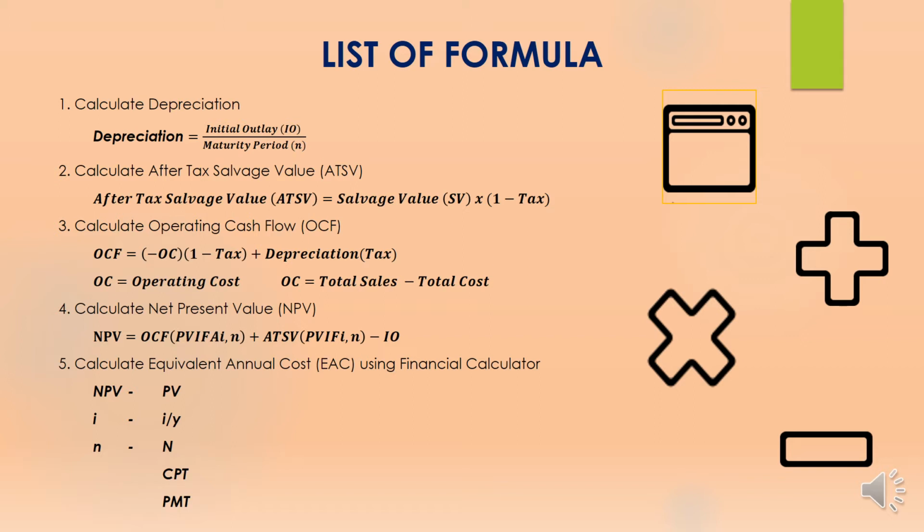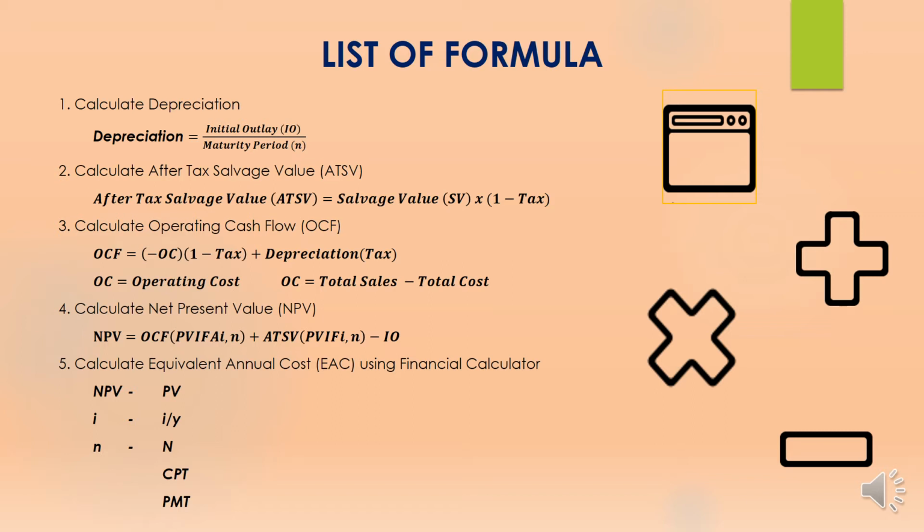In the first step, you will calculate depreciation, where the formula is equal to initial outlay, or the project cost, divided by the maturity period, which is N. The second formula is the after-tax salvage value, ATSV, which equals the salvage value before tax times 1 minus tax.